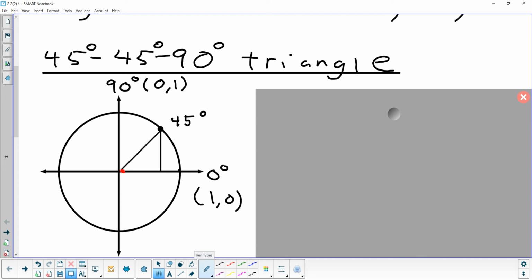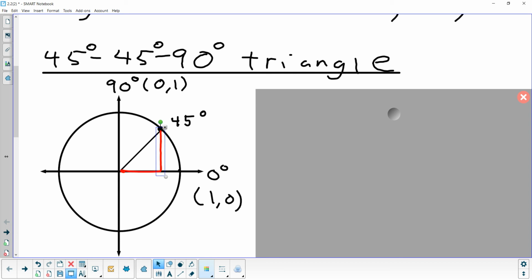If you can figure out how long it is from here to there, that's the horizontal distance that you have to move to get to this point up here. That's your x value. And then, if you can figure out how tall the triangle is, that's the vertical distance to get to that point. That's your y value. So we just have to find the length of the bottom, and then we have to find the height. And that's my x and my y value for the coordinate.